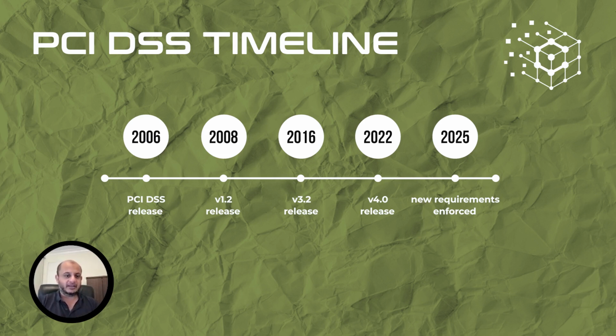You don't need to memorize the history, this is just for your reference. Just know that it has gone through various iterations to keep up to date with technologies. In 2022, version 4.0 was released, and it expanded upon MFA, multi-factor authentication, and other roles and responsibilities.